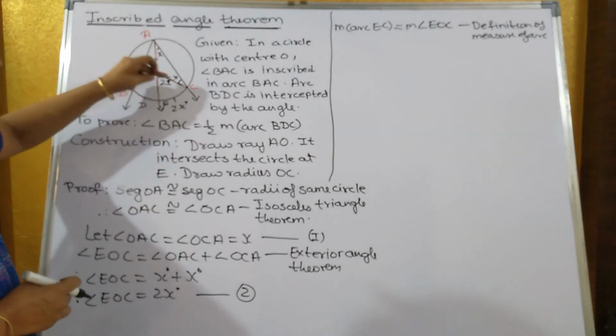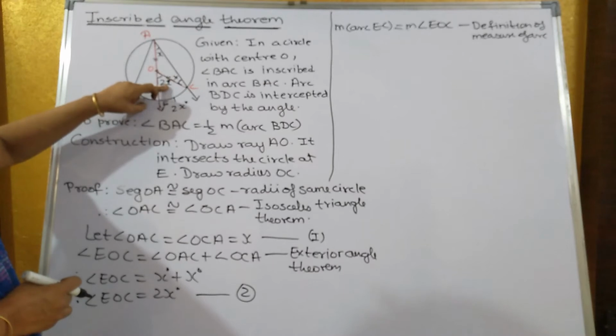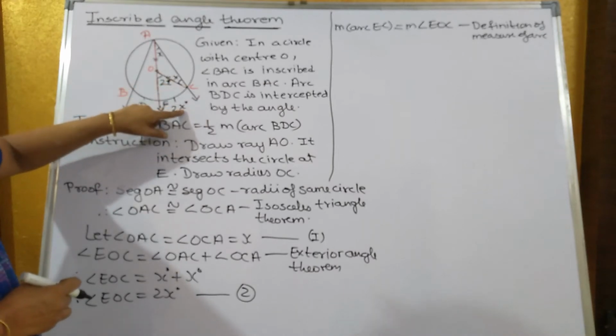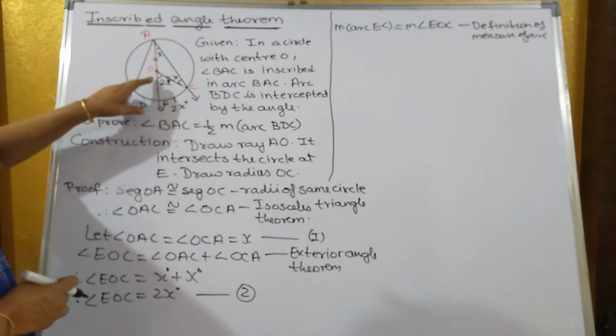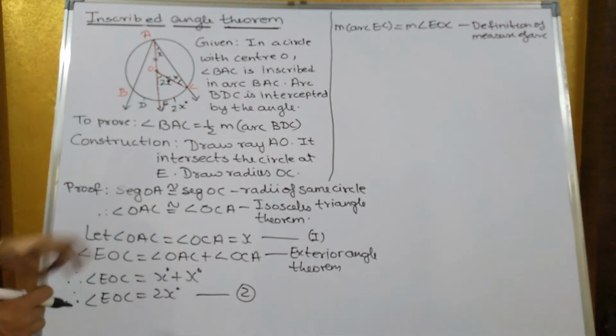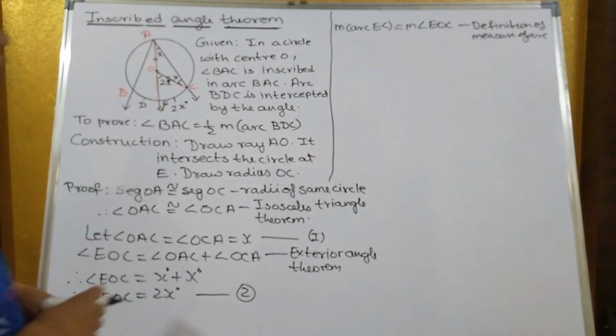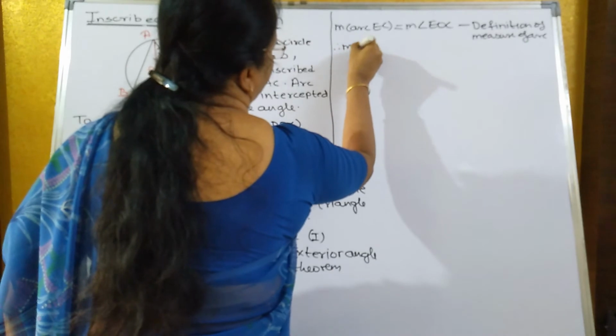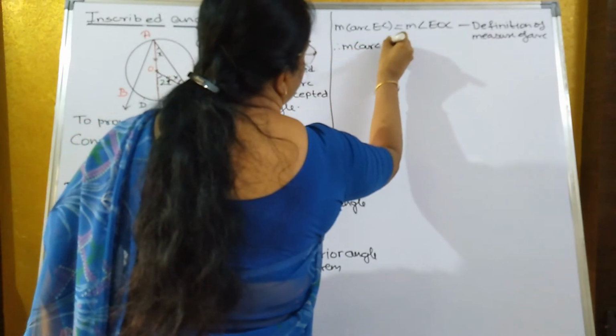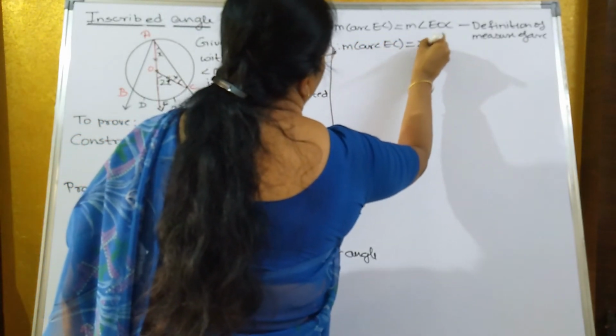EOC central angle है और उसका वैल्यू कितना है? 2x. तो आर्क EC भी 2x रहेगा, क्योंकि आप ऑलरेडी पढ़ चुके हैं कि माइनर आर्क का मेजरमेंट हमेशा सेंट्रल एंगल के इक्वल ही रहता है. Therefore measure of arc EC is equal to 2x degrees.